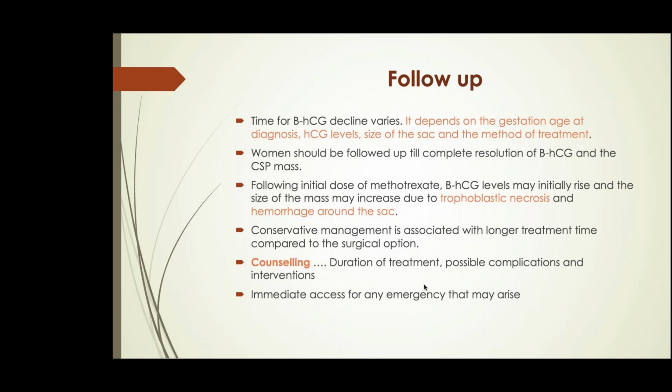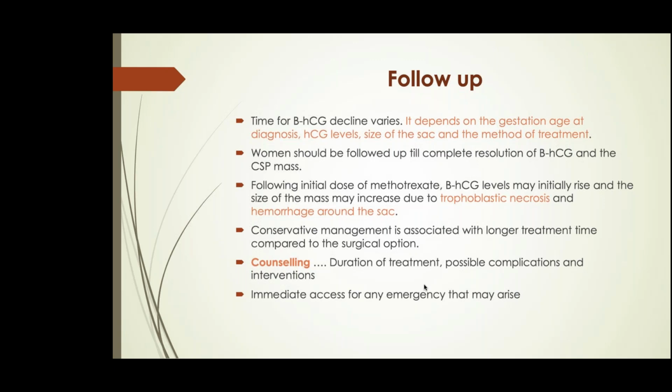Immediate access for any emergency. This is very important. If you are treating a patient with scar pregnancy, you are not going to admit the patient the whole time in hospital. Okay, so beta HCG is declining, then you will discharge the patient and bring her every week or every 2 weeks, whatever. But the facilities for emergency treatment should be available. Your phone number should be with the patient.